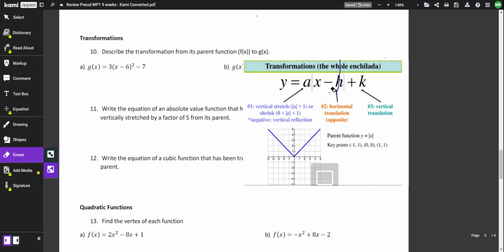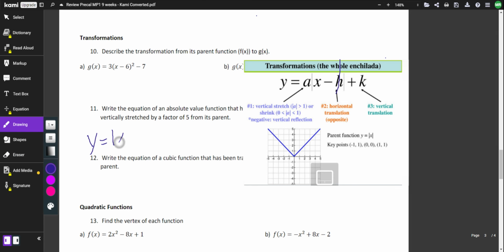So if you have the format, let's say of an absolute value, where the parent function is y equals the absolute value of x, if you add a number out here, if you add a number inside, or if you add a number outside, it's going to do all of these things.